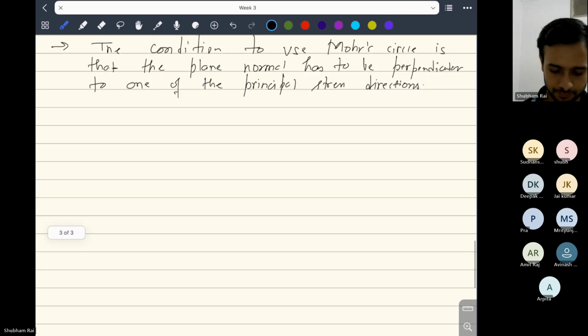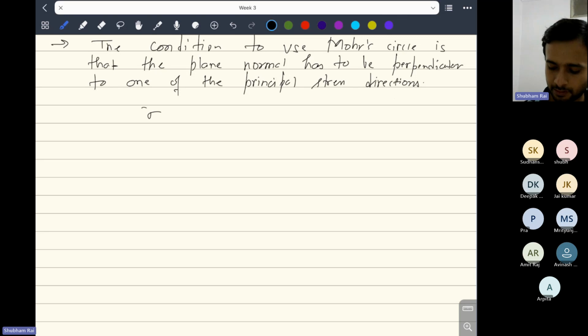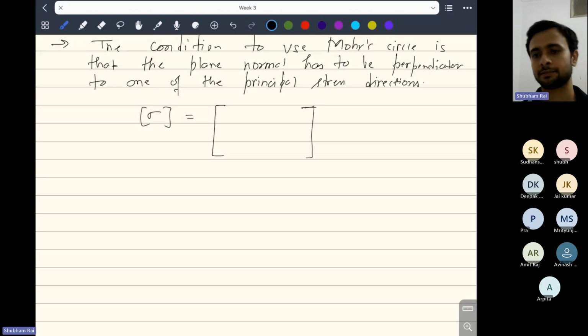Let's say you have a stress like this and you want to take a coordinate system such that your plane normals, whatever plane you take, are always perpendicular to the third principal direction, right?